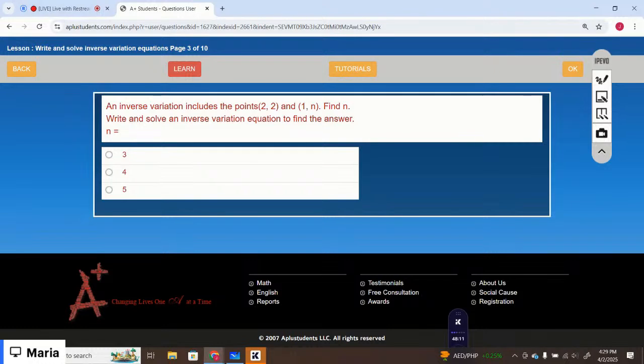It is option number 2 is the correct option. So when x equals 1, n equals 4. Option number 2 is the correct option.